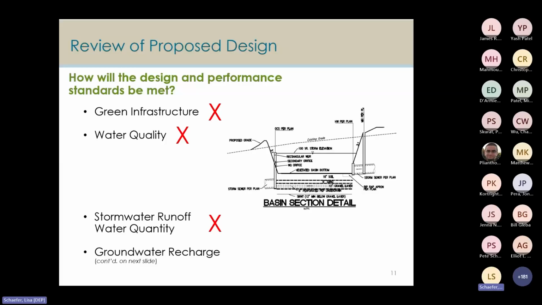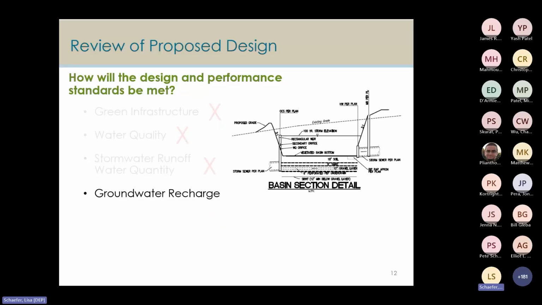All right, so the groundwater recharge review, well, it's interesting to say the least, and it needs a slide of its own. All right, so the proposed project was shown to not meet the top 3 standards on the previous slide, right? That's why they're grayed out. But for groundwater recharge, the report stated the project demonstrates compliance with subsection 5.4 of the rules because all the runoff is infiltrated.